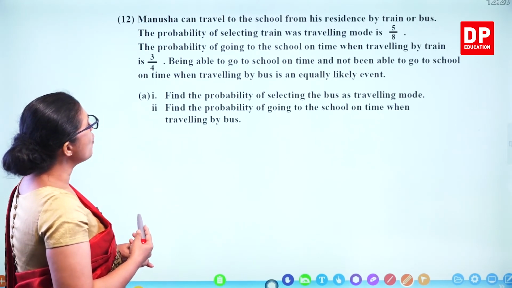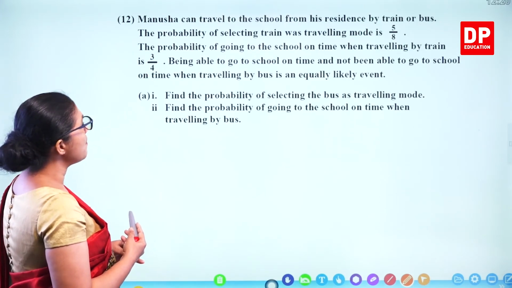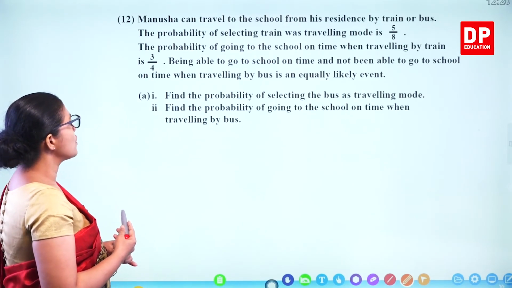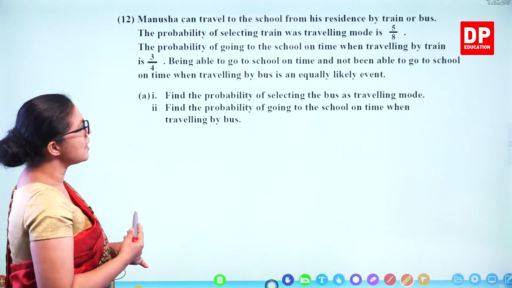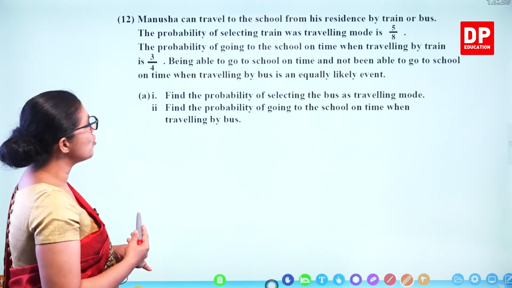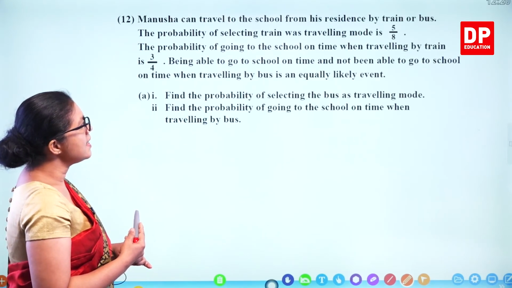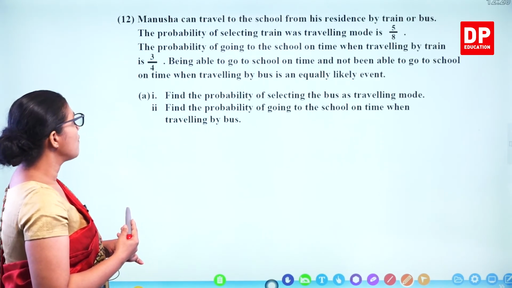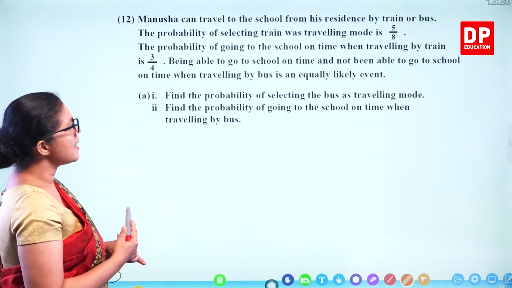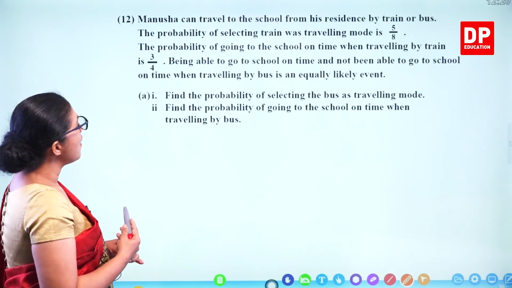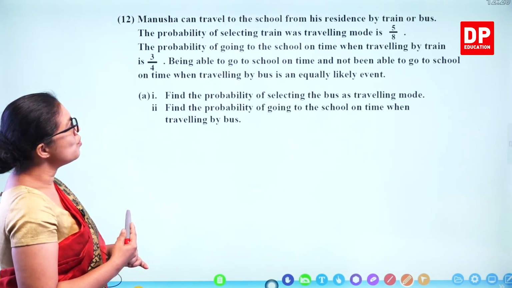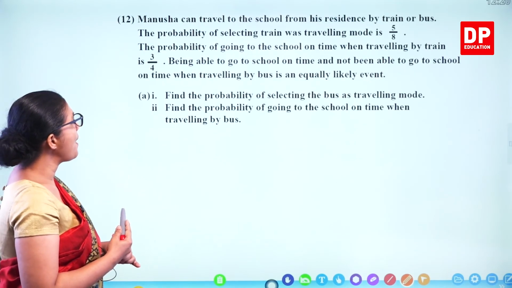The probability of going to school on time when traveling by train is 3/4. Being able to go to school on time and not being able to go to school on time when traveling by bus is an equally likely event. Find the probability of selecting the bus as traveling mode. Find the probability of going to the school on time when traveling by bus.